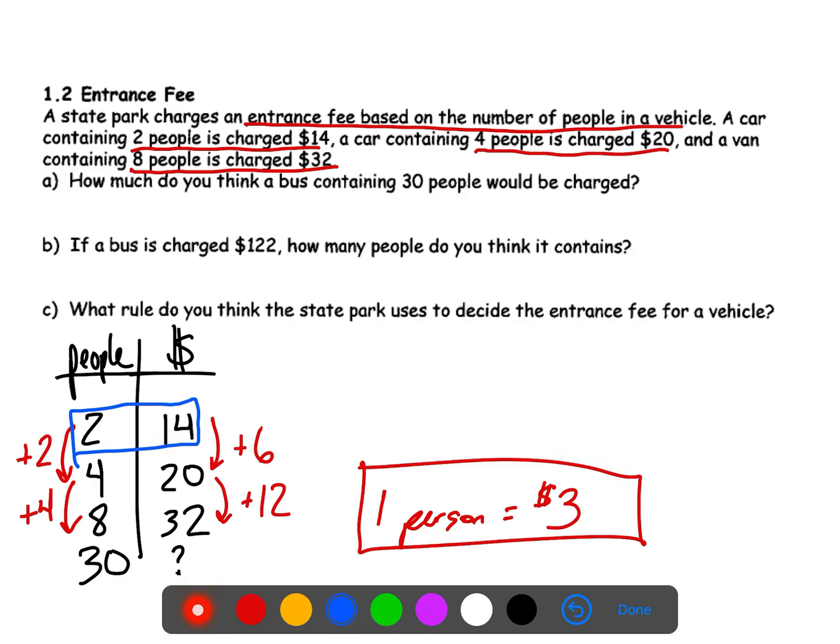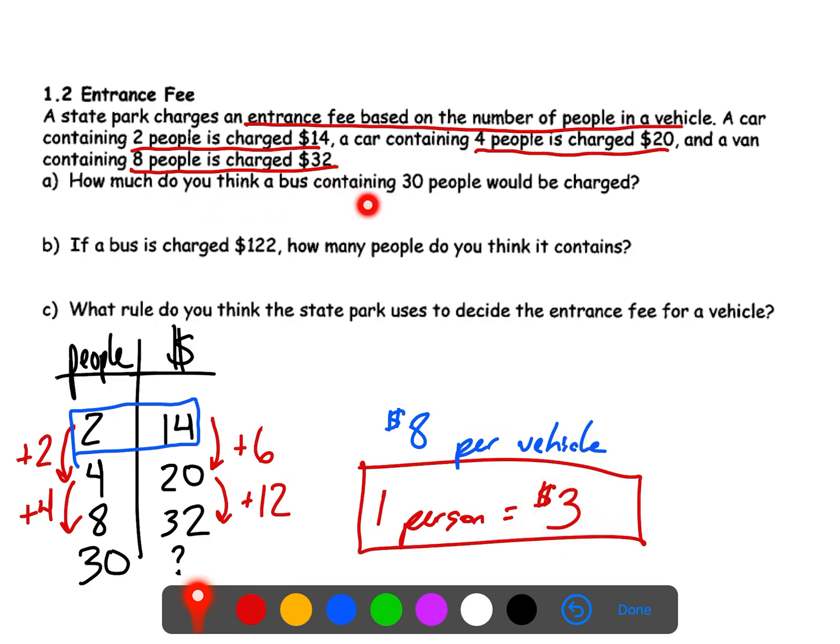That means that there's a $8 per vehicle charge. And we could check that with the next one here. 4 people cost $12. Take away the $12 from what they paid, that leaves $8 again. It's consistent. So they're paying $8 for the vehicle, $3 per person.